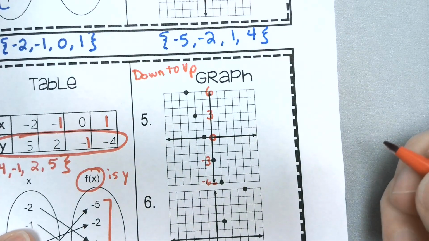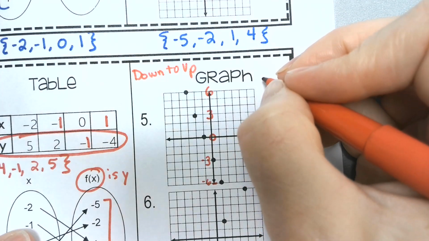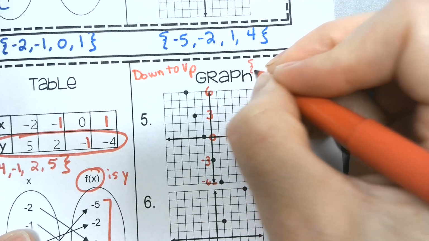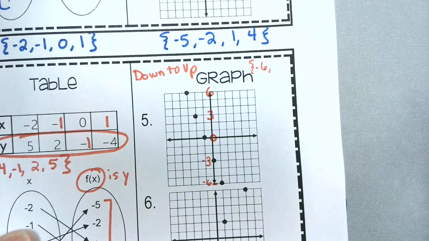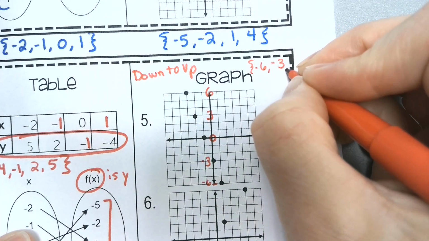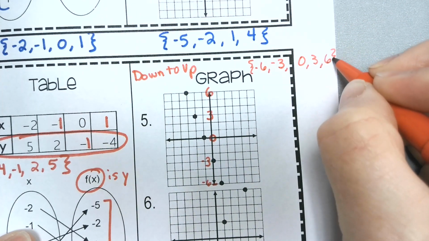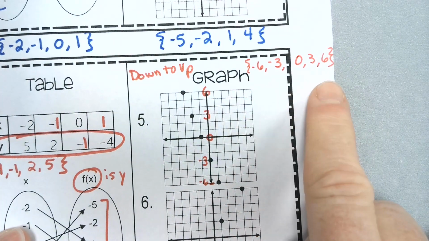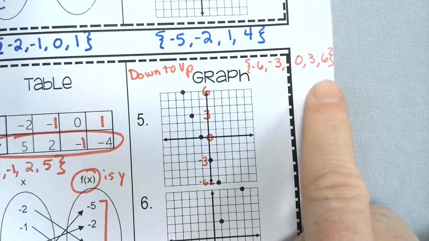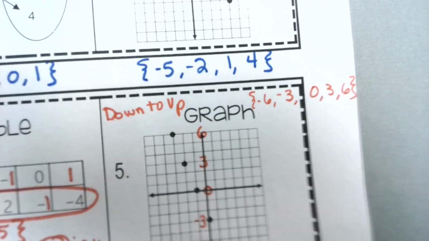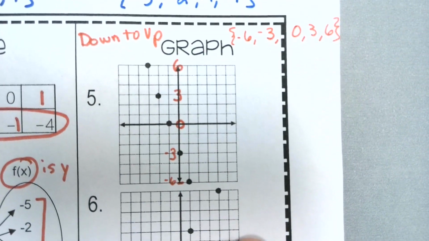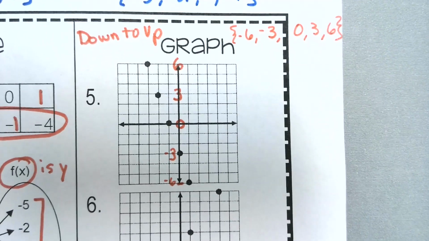So this is going to be -6, -3, 0, 3, and 6. So how far down to how far up?